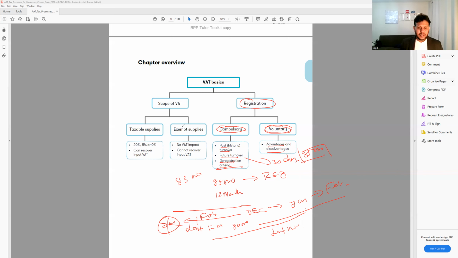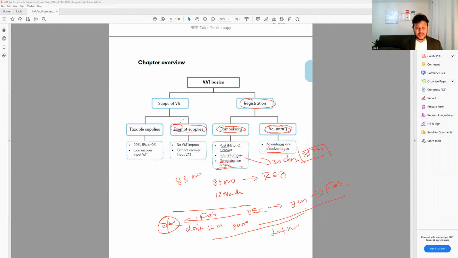Then we have some exempt supplies. Exempt supplies, for example, like a charity, they don't charge VAT, and also they cannot claim the VAT. For example, if you look at the NHS, a few other NGOs or charities or non-profit making organizations, they do not charge the VAT because they are exempt supplies. So there's a lot of charities, you will see they charge only the net amount, even if they earn a lot of money.